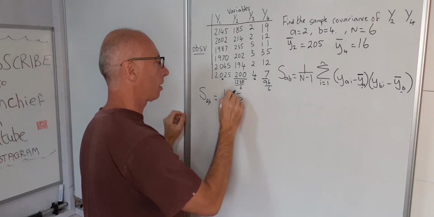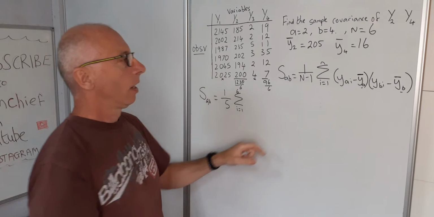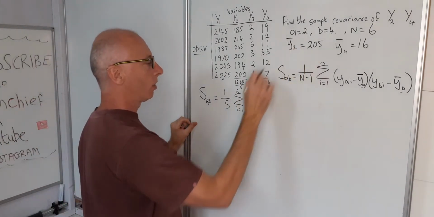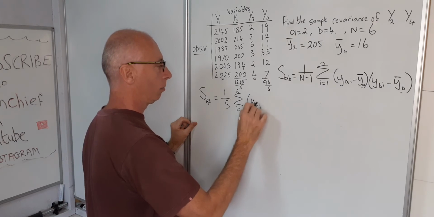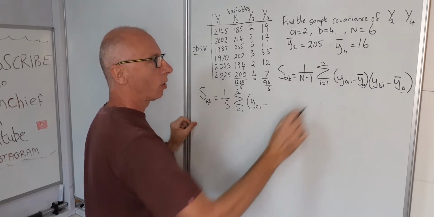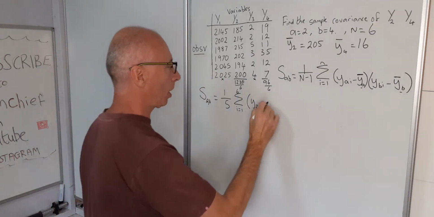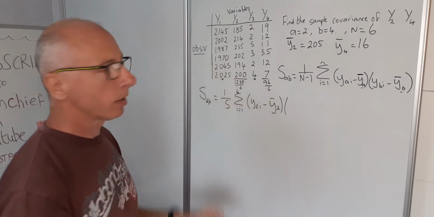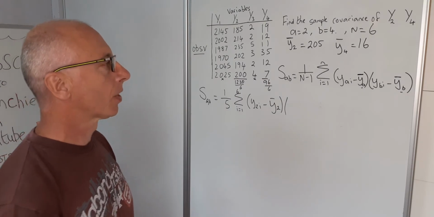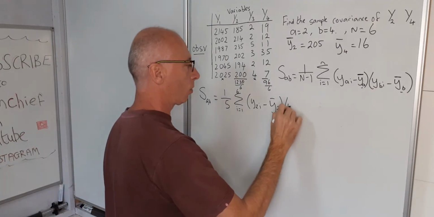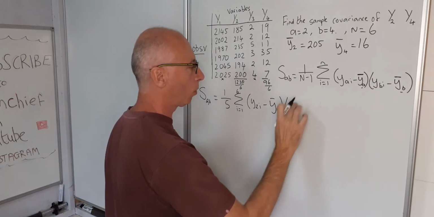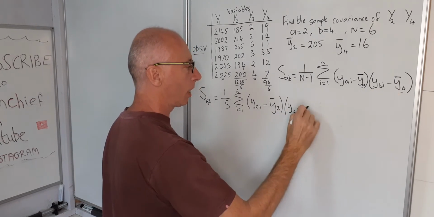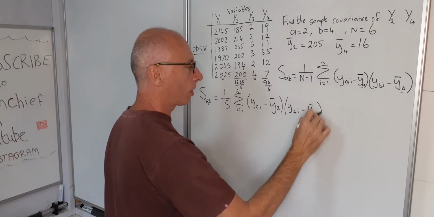Then Y2i minus Y bar 2, the mean of the second column. And then Y4i minus the mean of column 4, so that's Y bar 4.